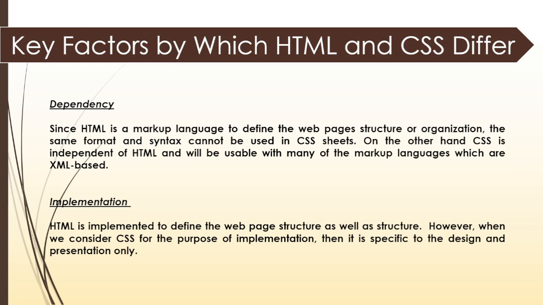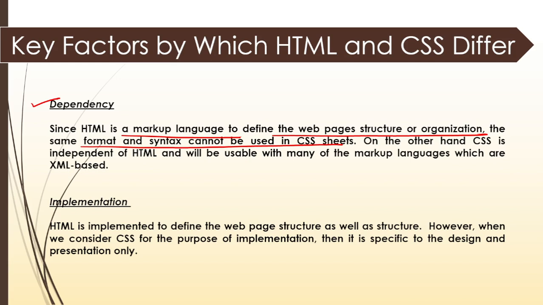Now we will be discussing the difference between HTML and CSS on the basis of some key factors. So the first difference is on the basis of their dependencies. As I have told you earlier, since HTML is a markup language to define the web page structure or organization, the same format and syntax cannot be used in CSS sheets. On the other hand, when we talk about cascading style sheets, it is independent of HTML.